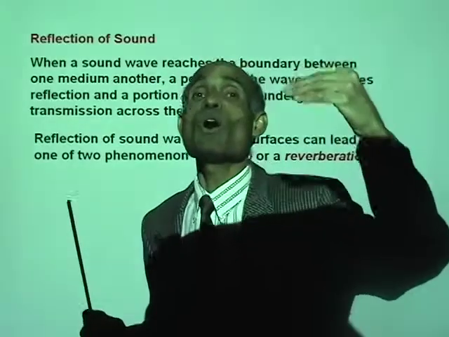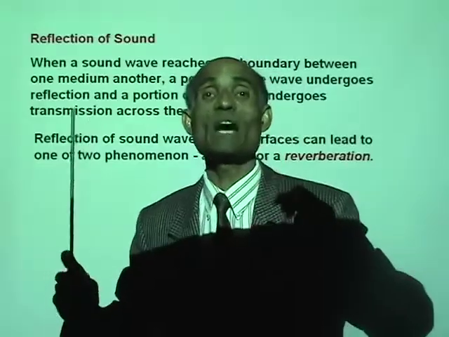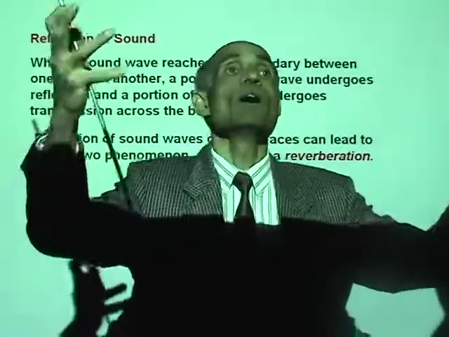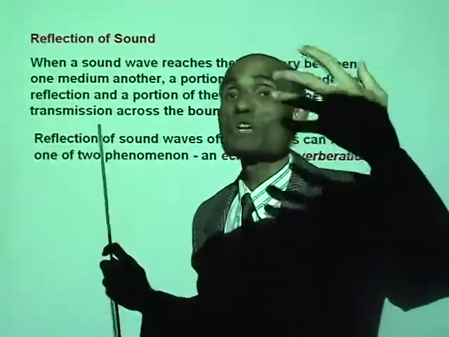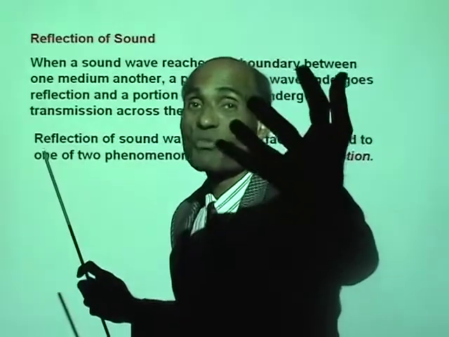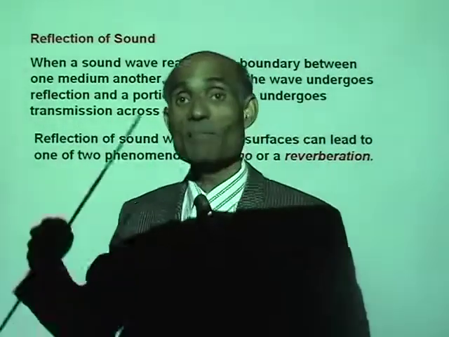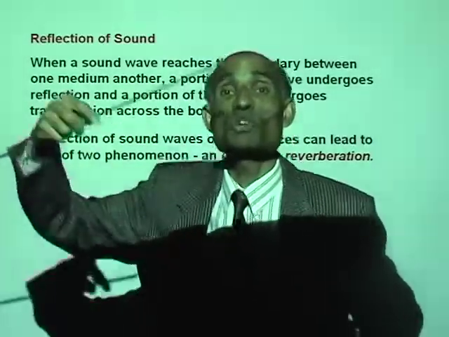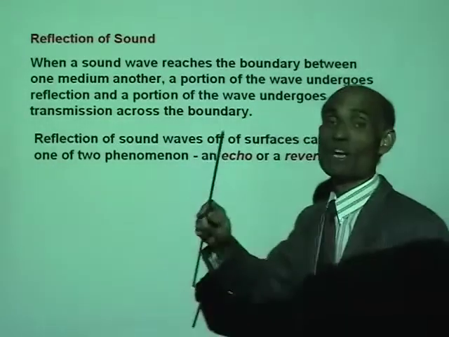If you go on a very hilly area and stand on a hill and say hello, you can keep hearing hello, hello, hello. It will keep repeating. That means your sound gets reflected from other hills, thrown back at you. And that is echo. And when the echoes keep repeating, you have reverberations.